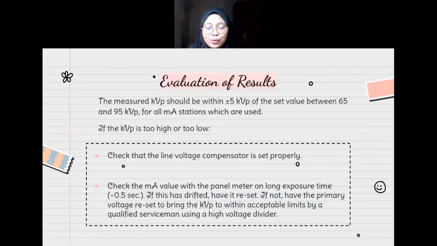Check the mA value with the panel meter on long exposure time, 0.5 seconds. If this has drifted, have it reset. If not, have the primary voltage reset to bring the kVp to within acceptable limits by a qualified serviceman using a high voltage divider.